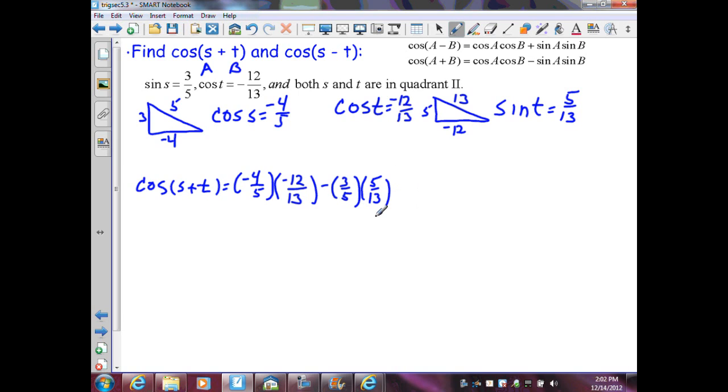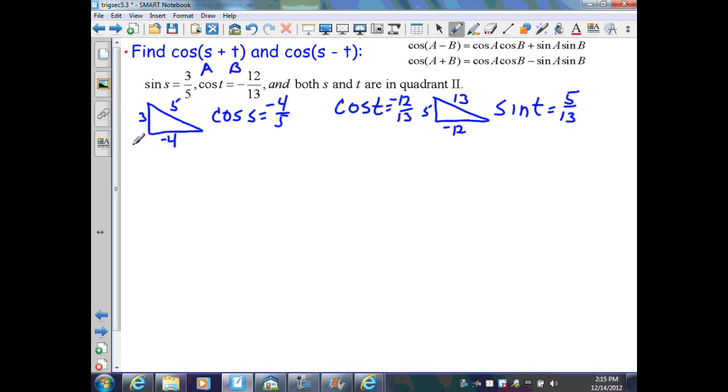And when I simplify, negative 4 times a negative 12 is a positive 48, and 5 times 13 is going to give me 65, minus 3 times 5 is 15, over 5 times 13 is 65, and when I simplify, 48 minus 15 is going to be 33 over 65.